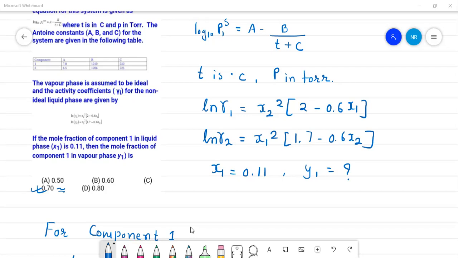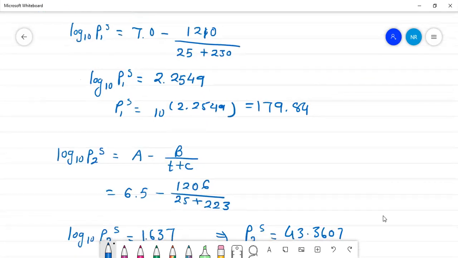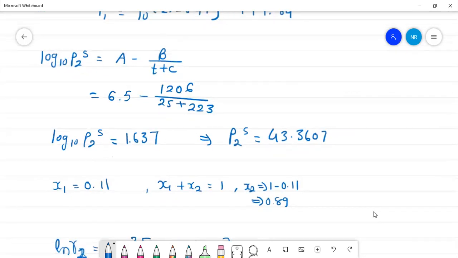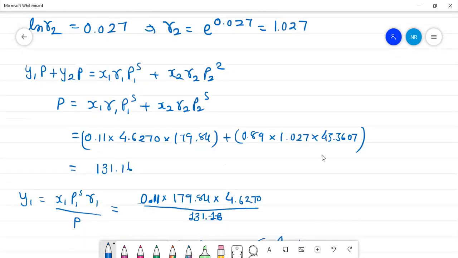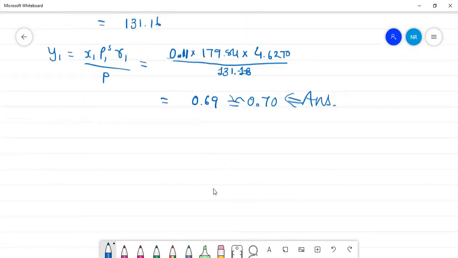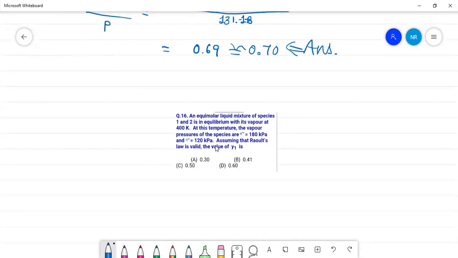This is also a very good example. It's asked in GATE 2010. This is a small example, but it's a good example.